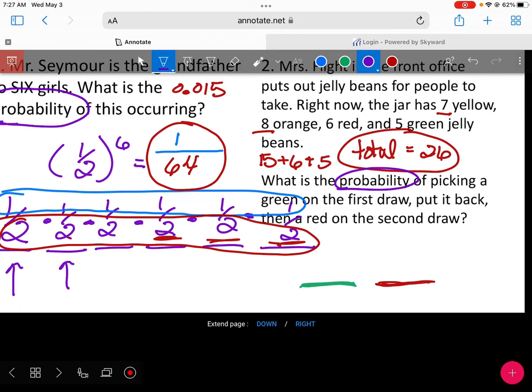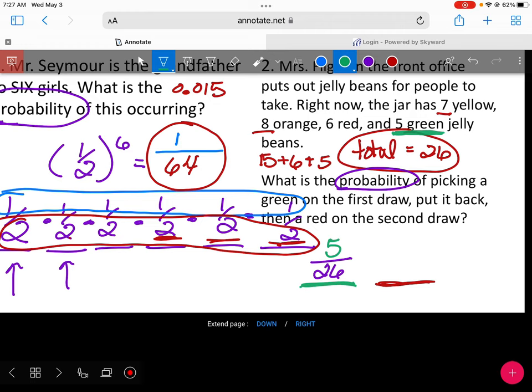Well, guess what? We just found the total. So the total, my denominator, is going to be 26. Okay, what's the probability of picking a green on the first draw? How many greens? Yes, we have 5. So the probability of my picking a green would be 5 out of 26.